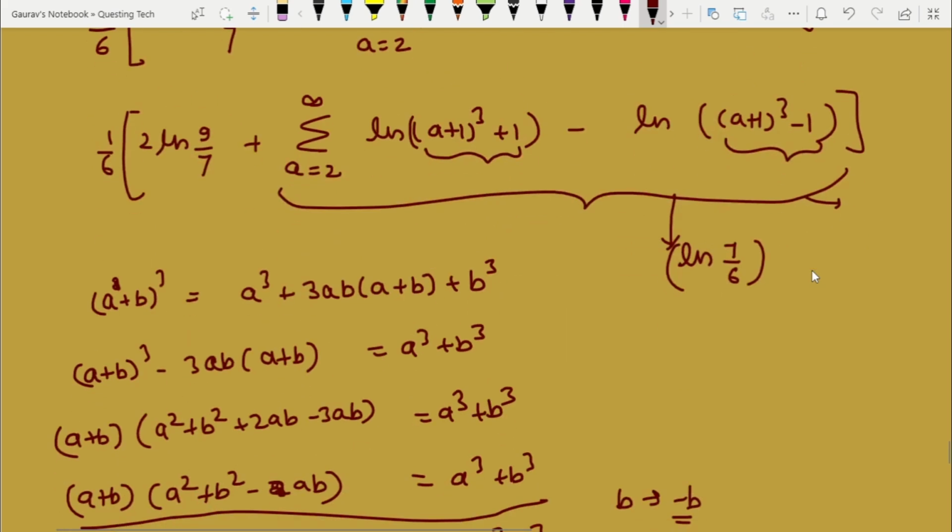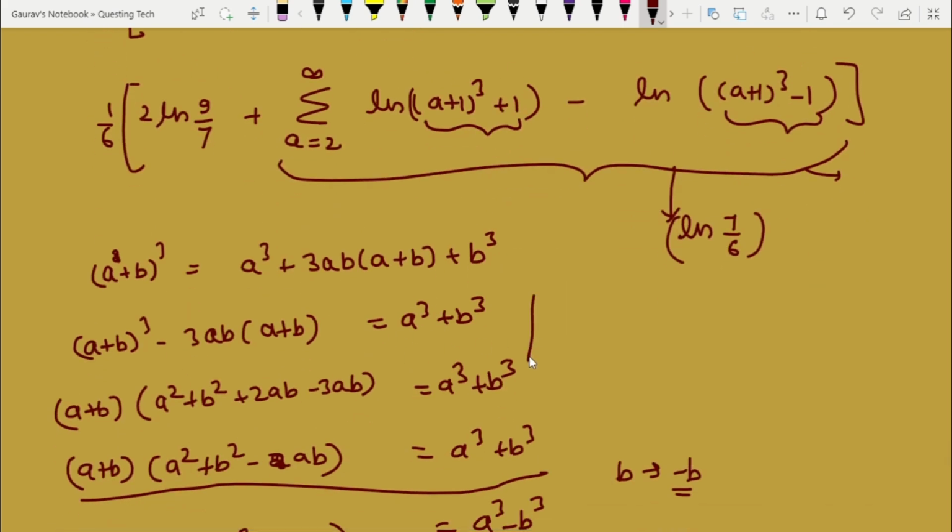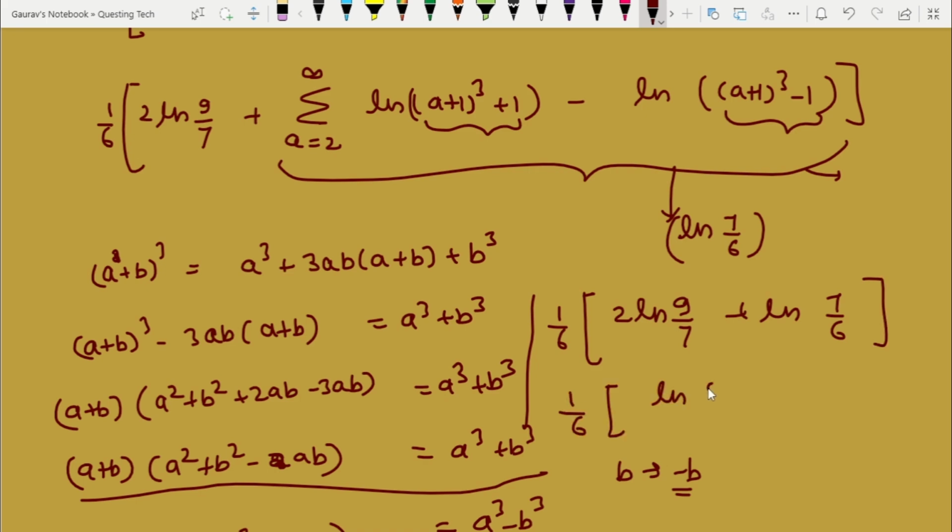So now can we write that like 1 over 6 ln 9 over 7 plus ln 7 by 6. No issue. 1 over 6, can we write this as ln 81 by 49 plus ln 7 over 6. Now can we write this as 1 over 6 ln (81 multiplied by 7 by 49 multiplied by 6).